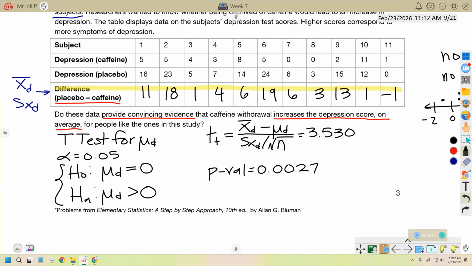You should be getting what's on the board for your test statistic and p-value. Technically, I need to write that over here. Is it 530? 530. 7.4 over 6.9.